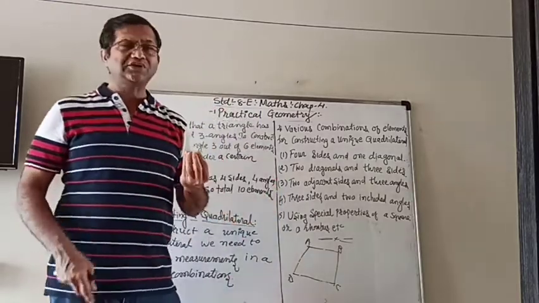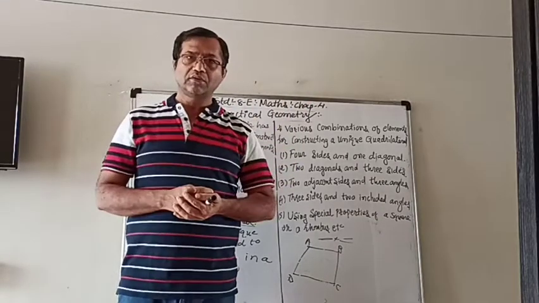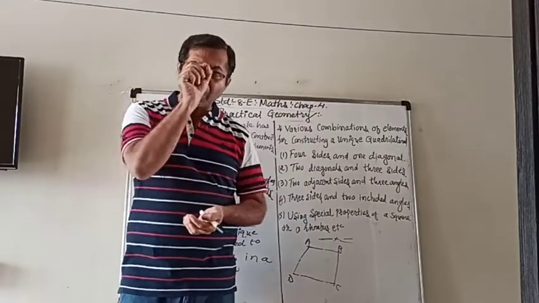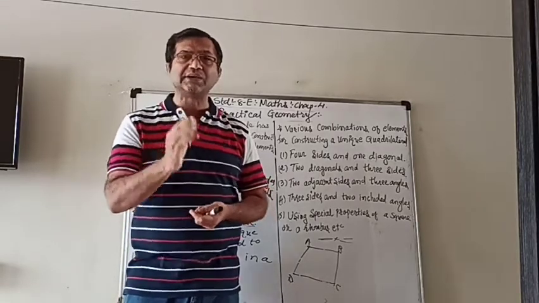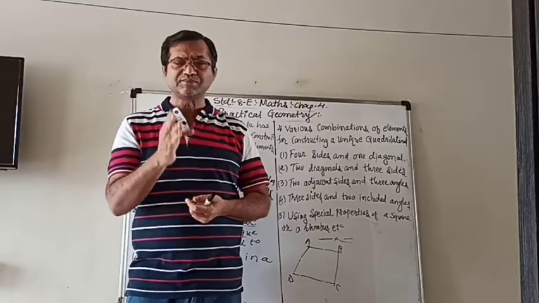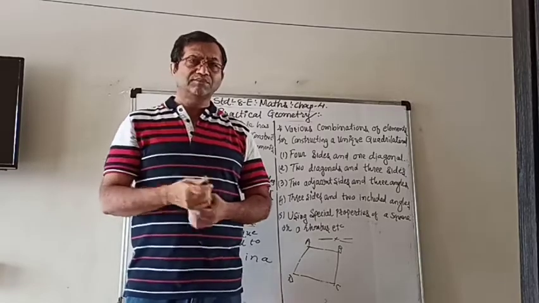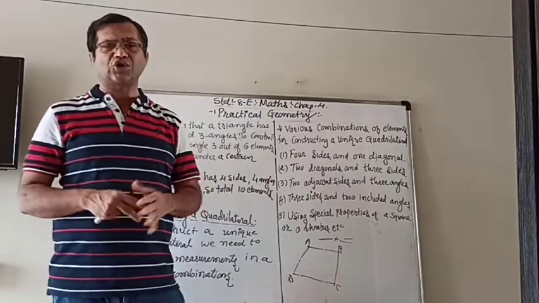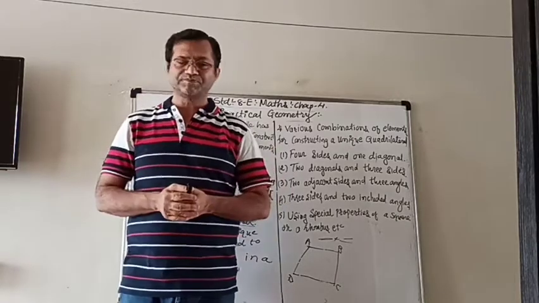Precisely means don't draw an arc that is too long, more than necessary, and don't draw a very short arc either. At least it should be visible and understandable. So that is the first thing: when you draw any arc using your compass, the arc must be of precise size, not too small and not too long, so that it does not get confused.